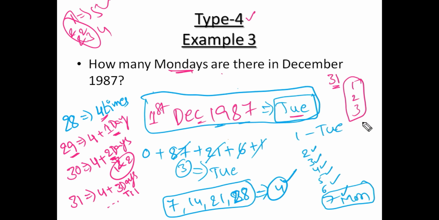So here first, second, third are 5 times. But first is Tuesday. Monday is not in the first, second, third day. So 4 Mondays will be there.